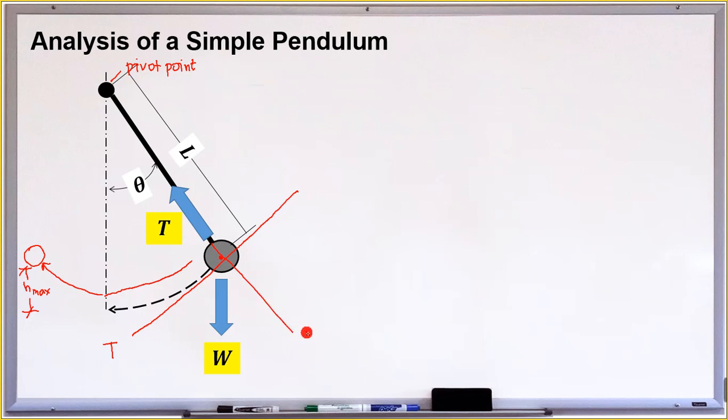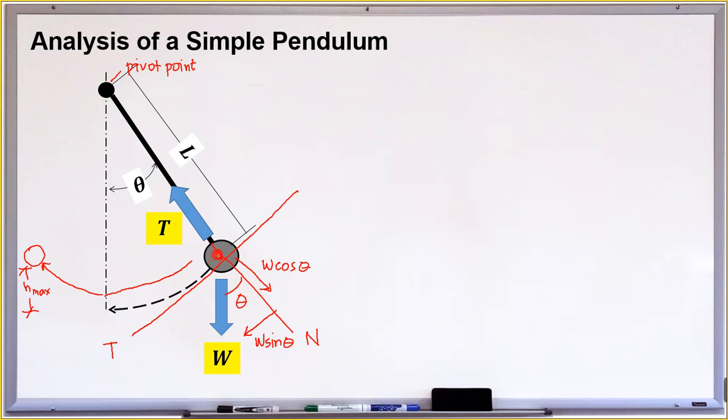Okay, and if this is theta, by geometry, the angle between the normal axis and the weight is also theta. Therefore, the weight can be resolved into two components: along the normal axis, this is W cosine theta, and along the tangential axis, this is W sine theta.